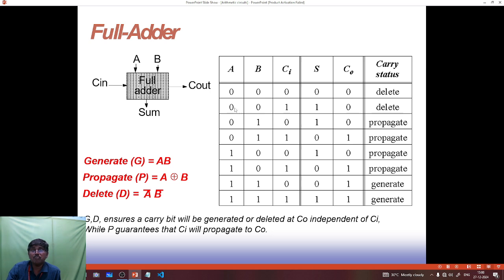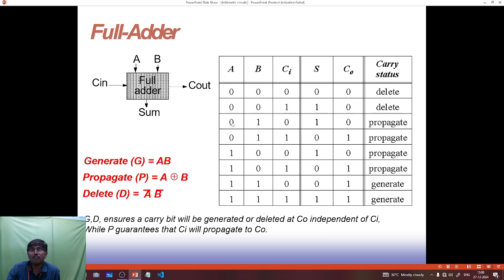We will consider that a delete operation. And next input 0, 0, 1. Here A and B both will be 0 and C is equal to 1. What about the sum? Sum is equal to 1. What about the carry output? It is delete, since A and B both are 0. So definitely we say delete status. And the third one is 0, 1, 0.